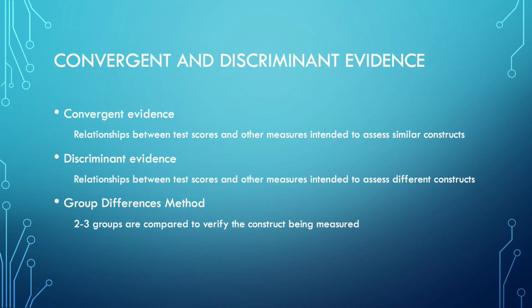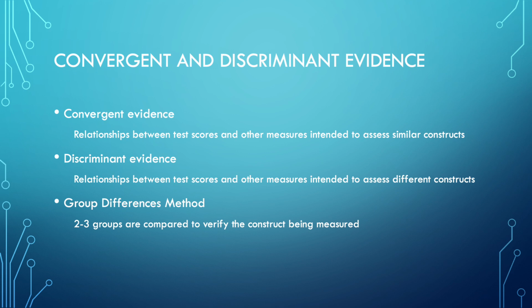We have convergent and discriminant evidence. We need to collect convergent and discriminant evidence in order to determine validity and reliability. Convergent evidence is a relationship between test scores and other measures intended to assess similar constructs.